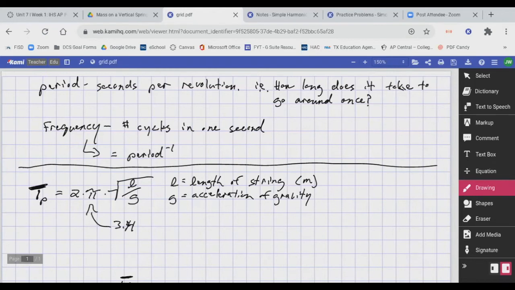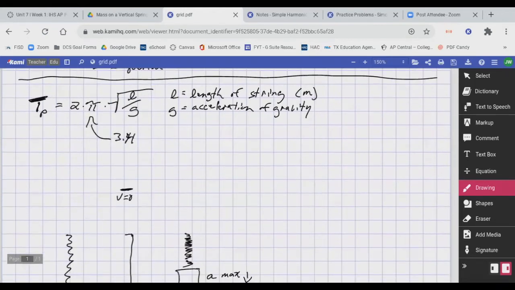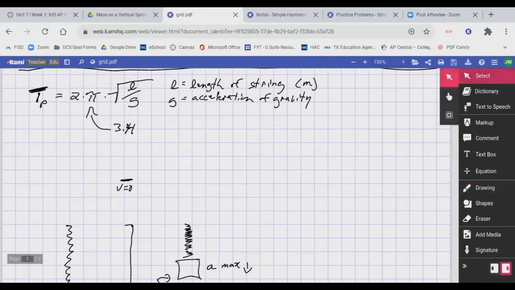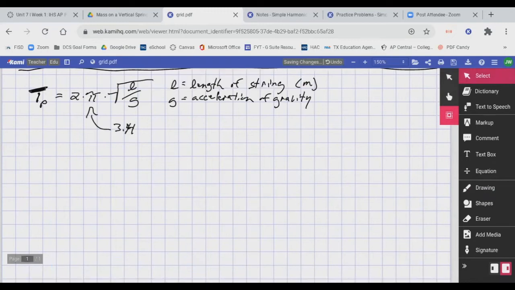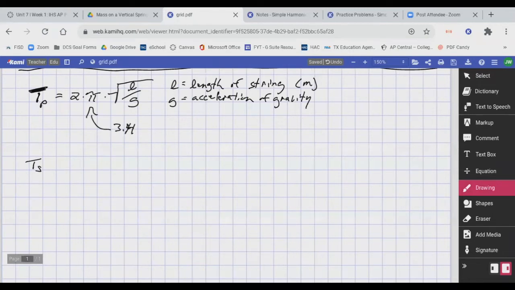All right, now we need to do the period for a spring. Period of a spring: the T still is period, and that little subscript that looks like a squiggly is my S. So period of a spring is equal to 2 pi, so far similar and easy, times the square root of the mass that's on the spring divided by the spring constant.